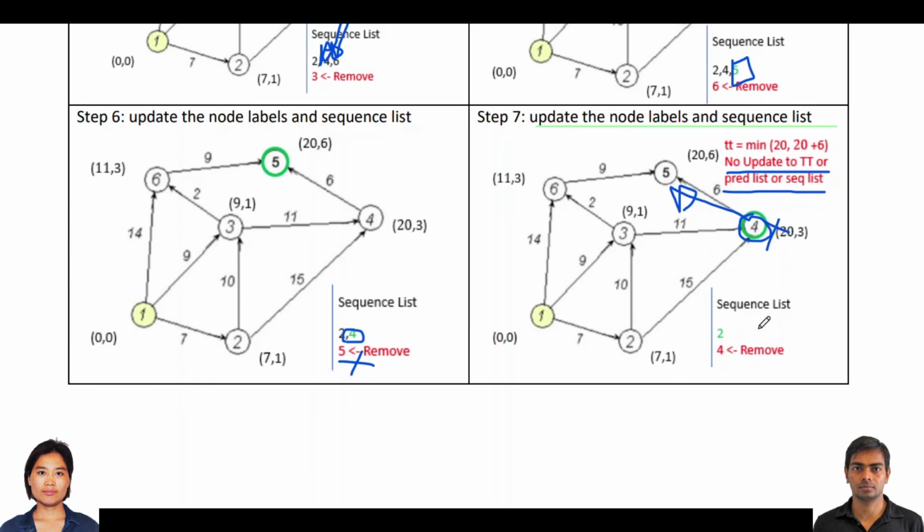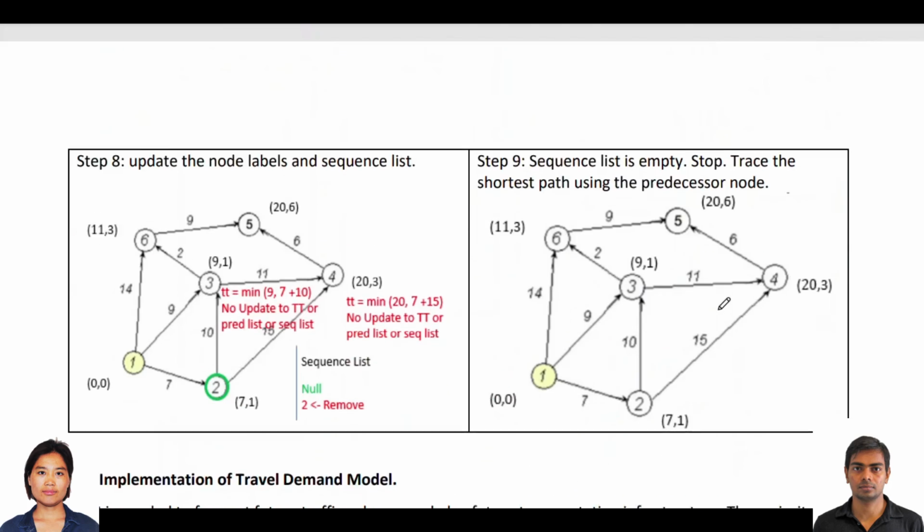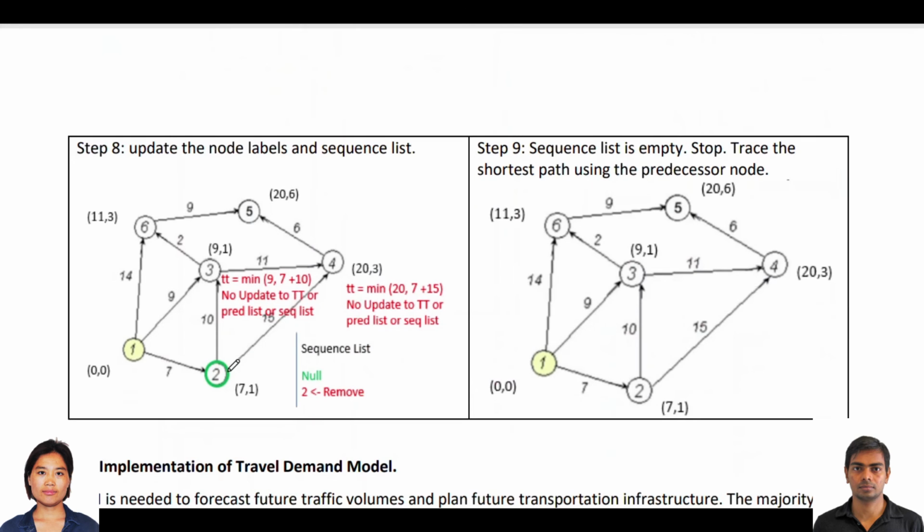then there is only one node left in the sequence list, node 2. We will take node 2, try to see whether node 3 needs an update. So there are 2 downstream nodes, node 3 and node 4. So the travel time up to node 2 is 7 minutes, so 7 plus 10 is 17, but node 3 already has a shortest path with 9 minutes, so we don't need to update node 3.